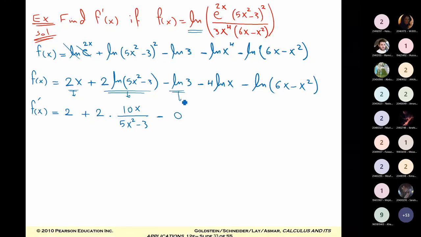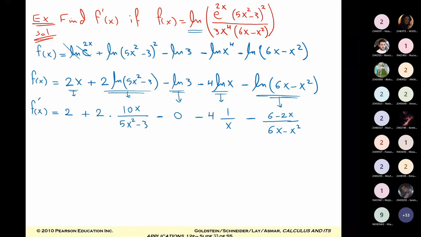Minus ln 3, this is a number, so 0. Minus 4 ln x, the derivative is 1 over x. Minus ln of 6x minus x squared, this is 6 minus 2x over 6x minus x squared, like this. Okay.